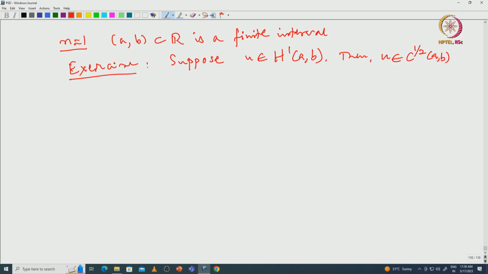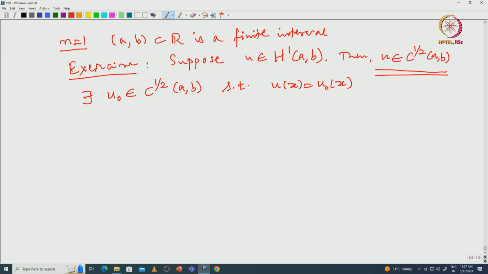We write that all the time, but what exactly it means is there exists a Hölder continuous function u0 defined on a, b with Hölder exponent half, such that u of x equals u0 of x almost everywhere in a, b.